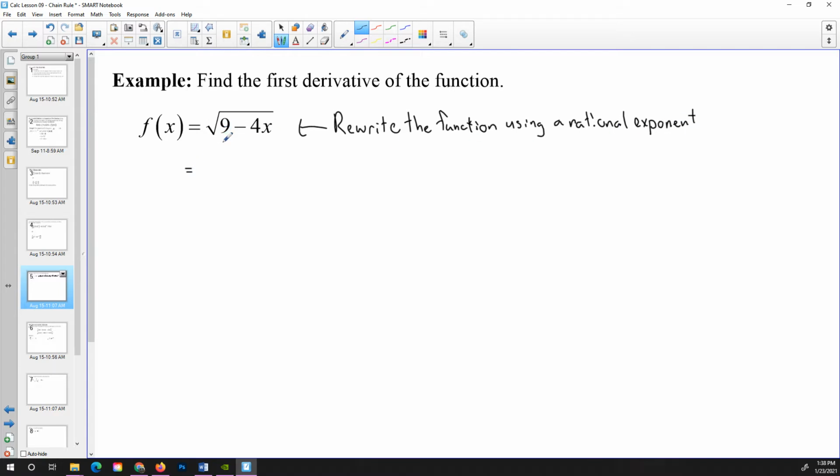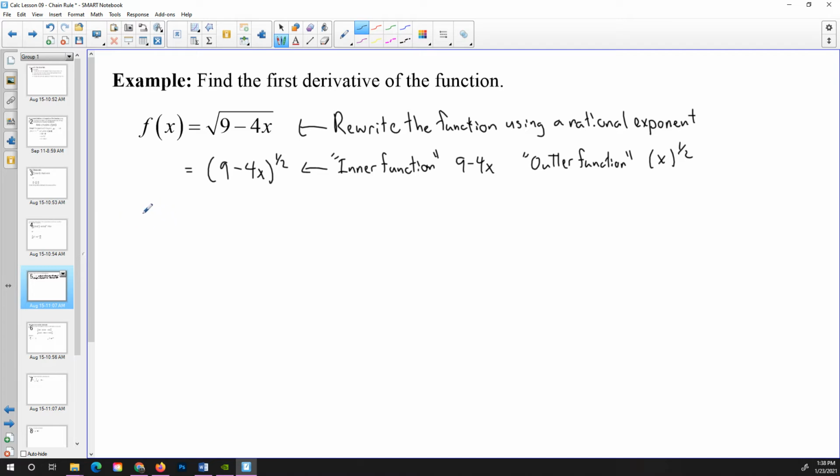Now, we know that the square root function can be rewritten as 9 minus 4x to the 1/2. And so when I say that this is a composition of functions, and I'm not going to write this every time, but I'm going to say that my quote-unquote inner function is this 9 minus 4x, and then I'm going to say that the outer function is going to be just x to the 1/2.